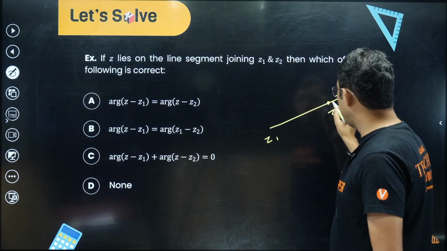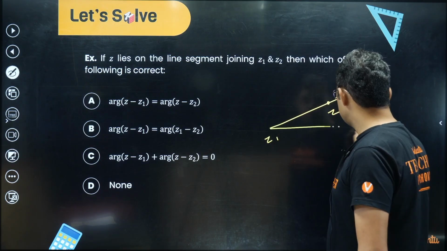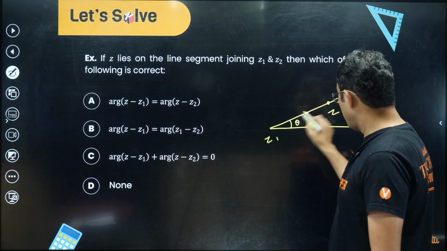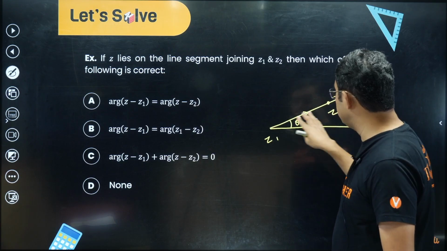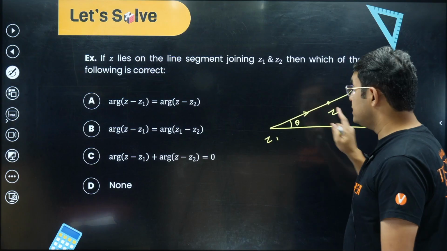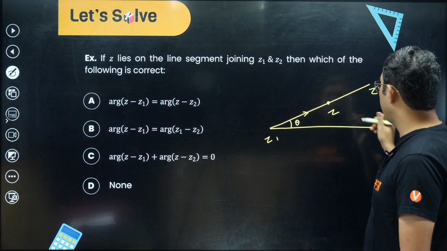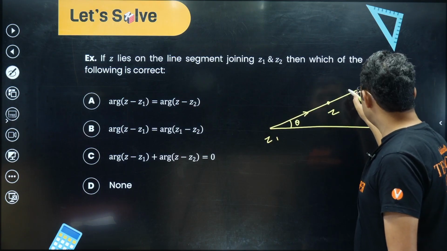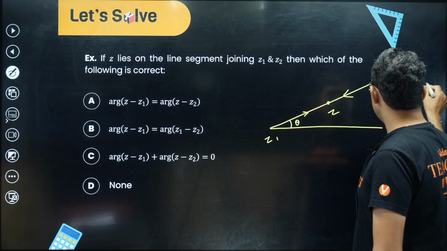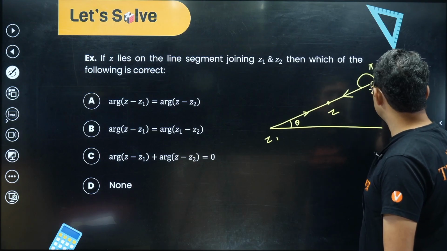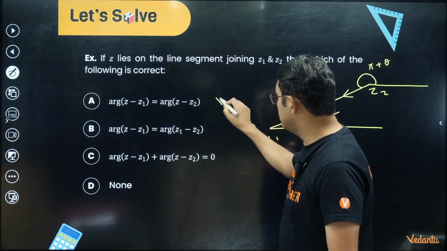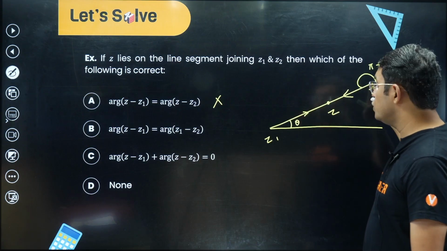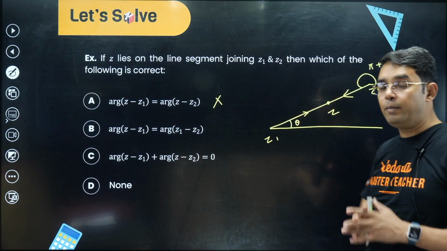Okay, so if I talk about Z minus Z1, and I draw this arrow, the argument of Z minus Z1 will be this theta, whereas if you are looking for the argument of Z minus Z2, the arrow will be like this. So your angle of this would be pi plus theta. So that seems wrong. For Z minus Z1 it will be theta, and for Z minus Z2 the angle will be pi plus theta.